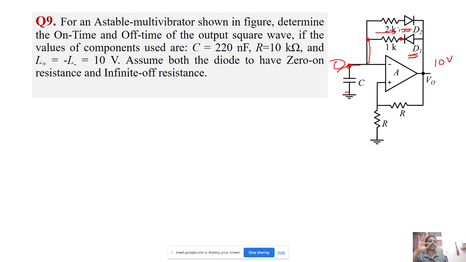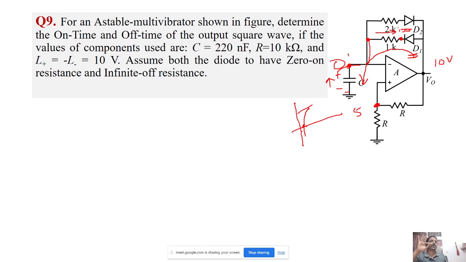The capacitor will start charging like this, so this voltage will rise from 0 until a particular voltage which is comparable here. So what is the voltage here? V0 by 2, right? So it will be 5 volt. So till 5 it will increase from 0.